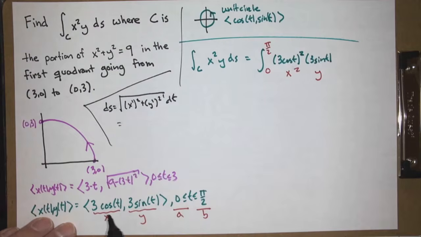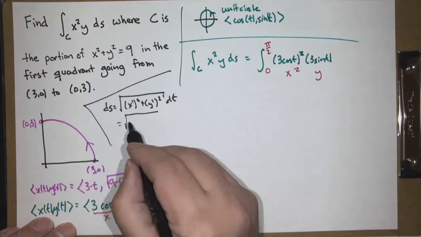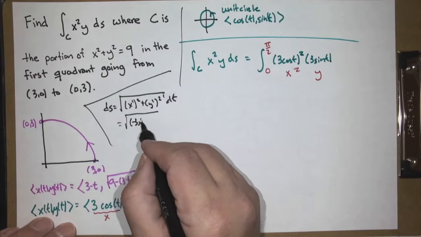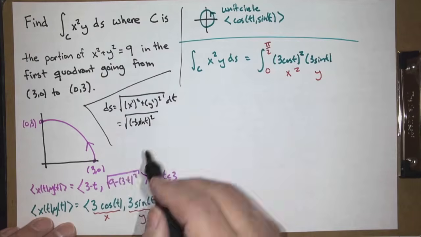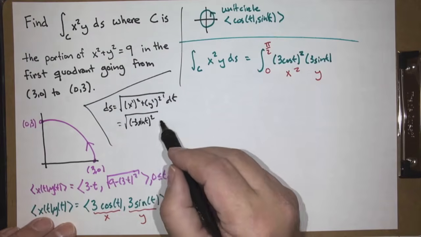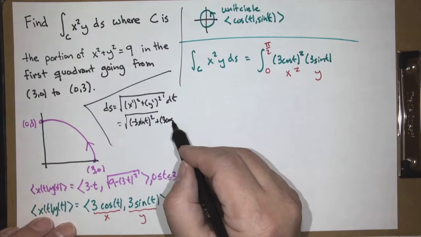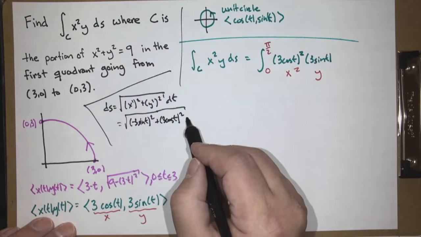What's the derivative of 3 cosine t? Negative 3 sine t. So it's negative 3 sine t squared. What's the derivative of 3 sine t? 3 cosine t, squared.